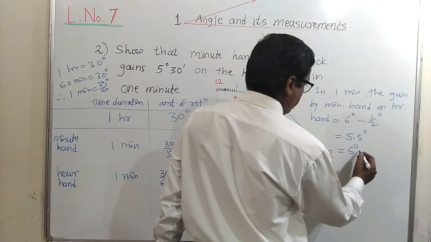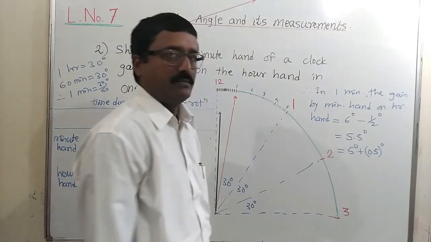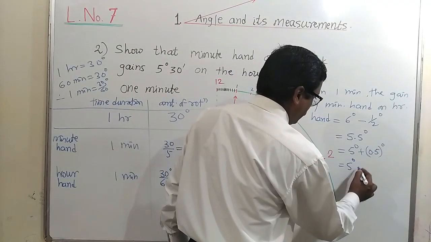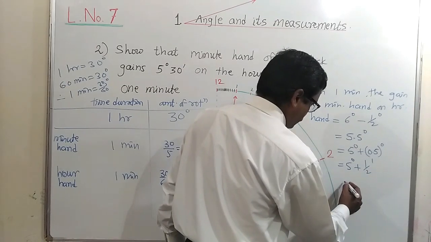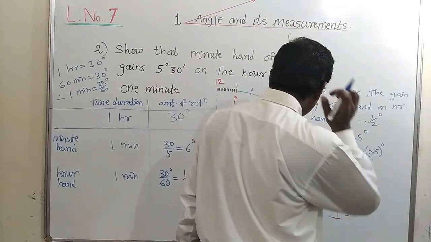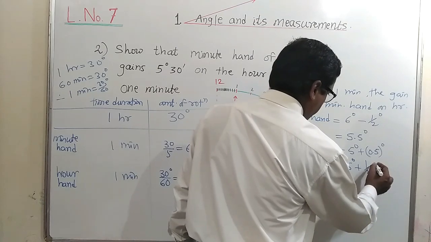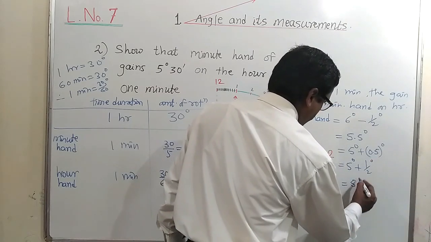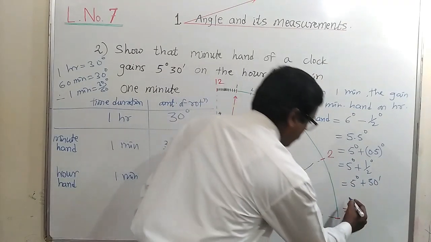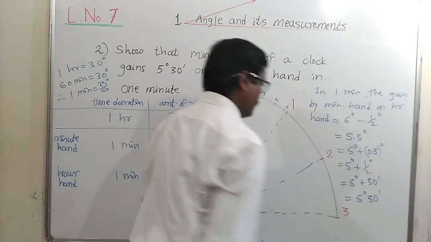is equal to 5 degrees plus 0.5 degrees, and 0.5 degrees is nothing but half a degree, and this half degree is nothing but 30 minutes, so it is equal to 5 degrees 30 minutes.